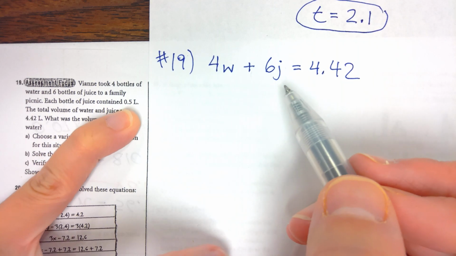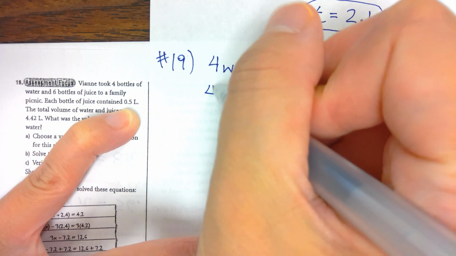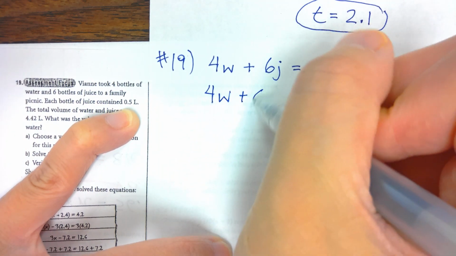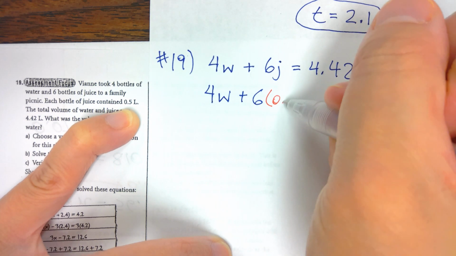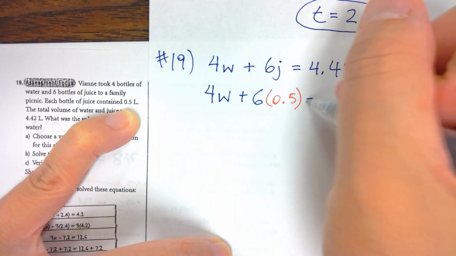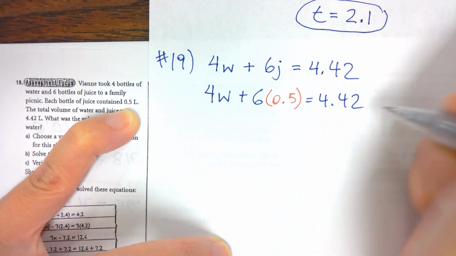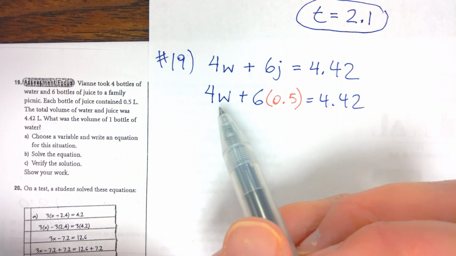So right here, it actually tells you that you have 0.5 liters. So I can actually replace the J with 0.5. Okay. So I actually know that number.